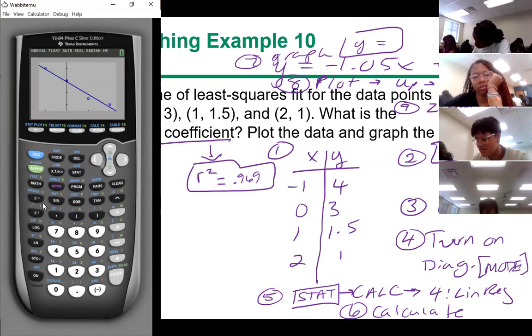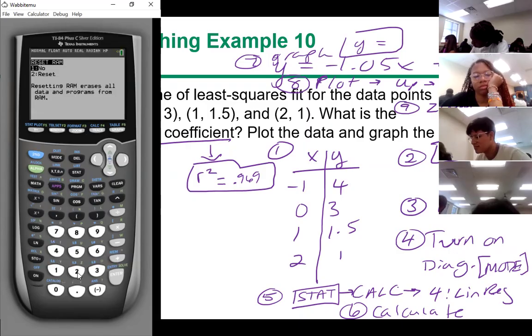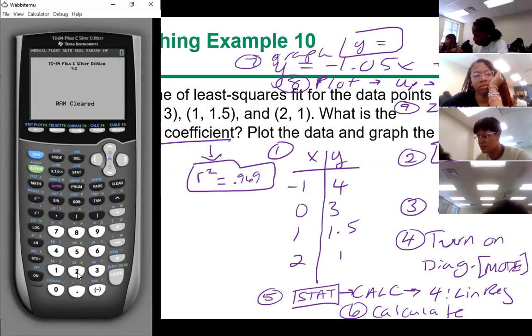I'm going to reset my calculator, second plus 7, 1, 2. I know that if I was your pre-AP Algebra 2 teacher, you should be able to do this with no problem. All right, so I'm going to go to Stat, Edit.